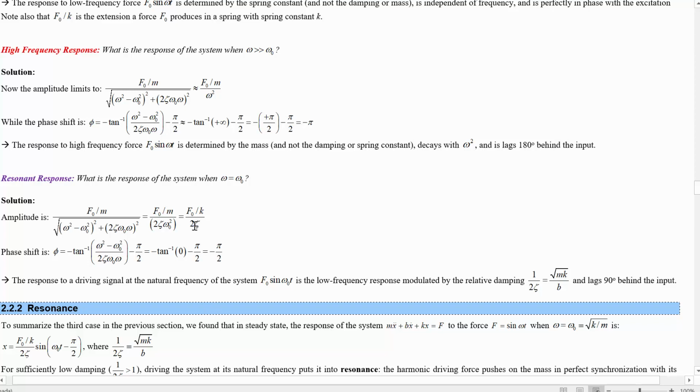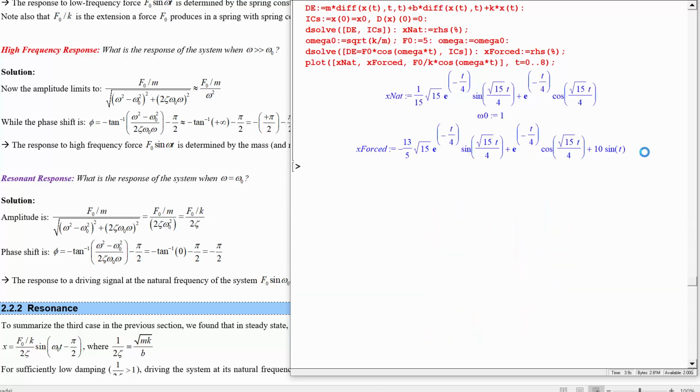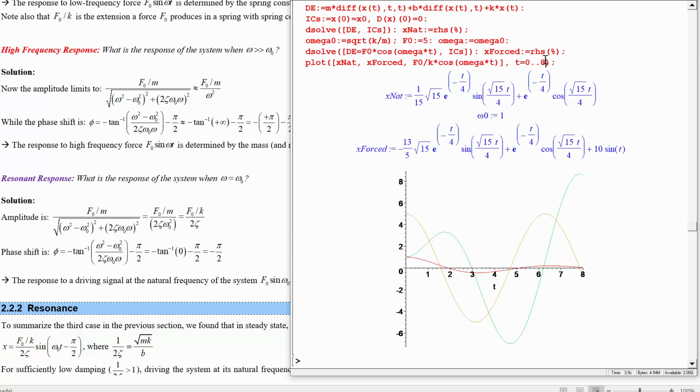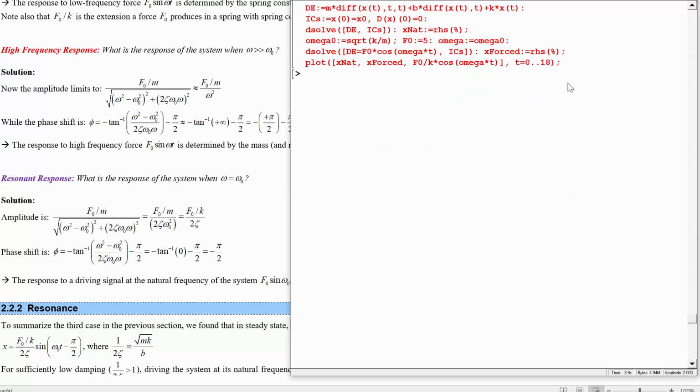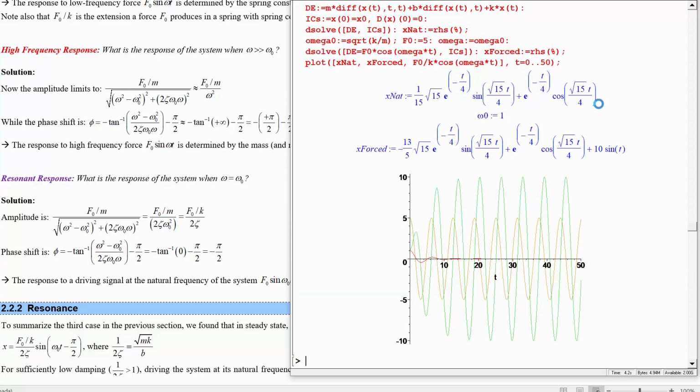So if you have low b, then this term can end up being quite large. Let's check how that one works. So we'll change it to omega naught exactly. And now we need to go to a longer time. Even maybe let's go to 50.